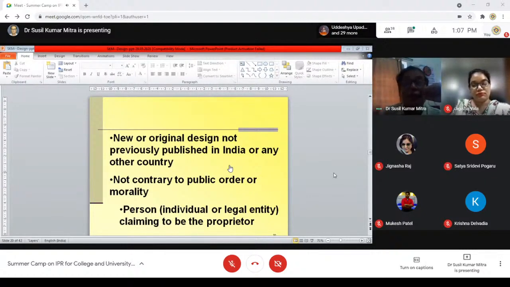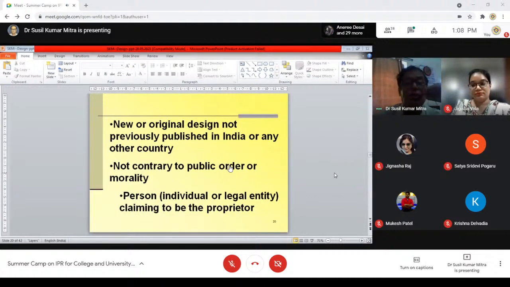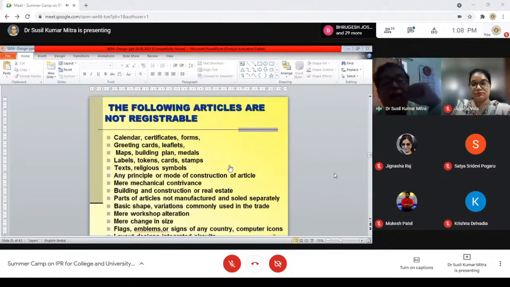But if we make a toy looking like a submarine, that can be registered under the class of toy, but not the big design which is generally used by the Indian Navy for making the submarine or any fighting ship like that.